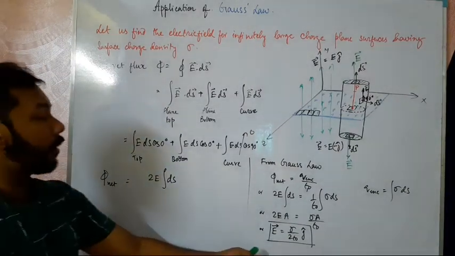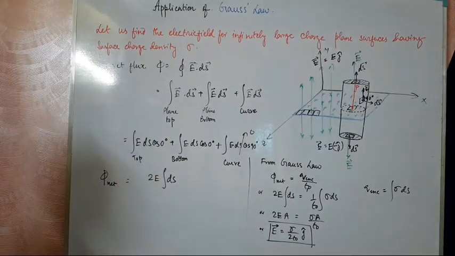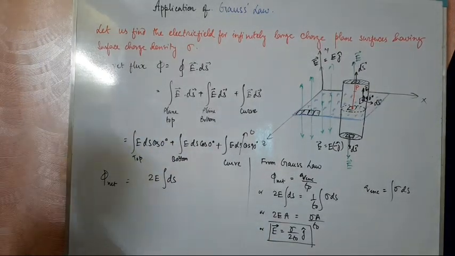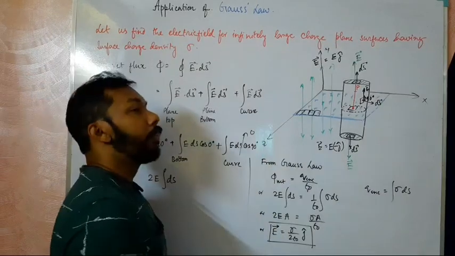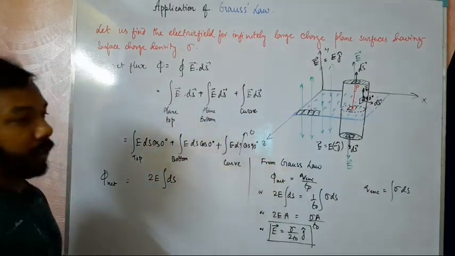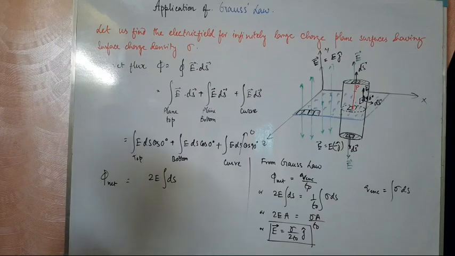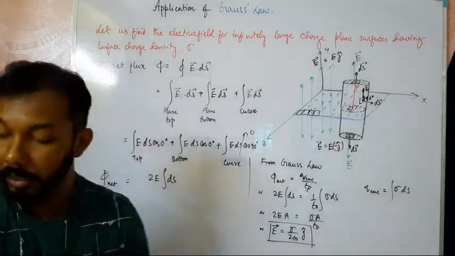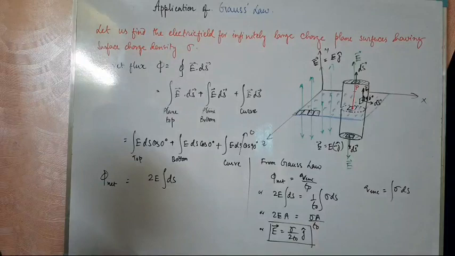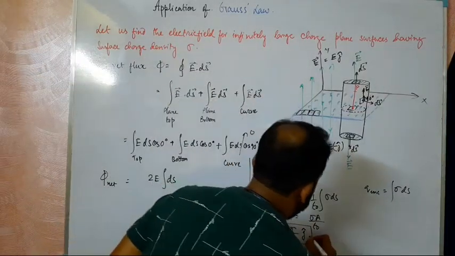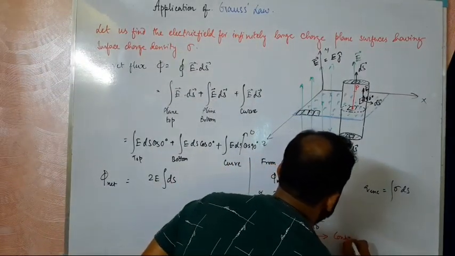Hence we have got the value of electric field for an infinite long plane or large plane sheet containing sigma amount of surface charge density. And one very important thing we can note here is that the electric field is constant. It's a constant electric field.